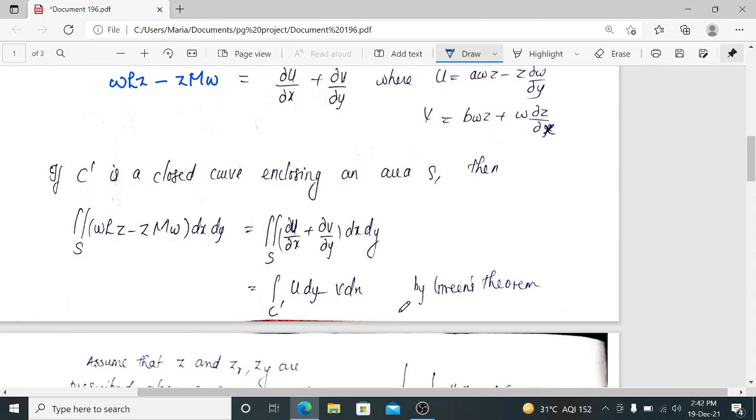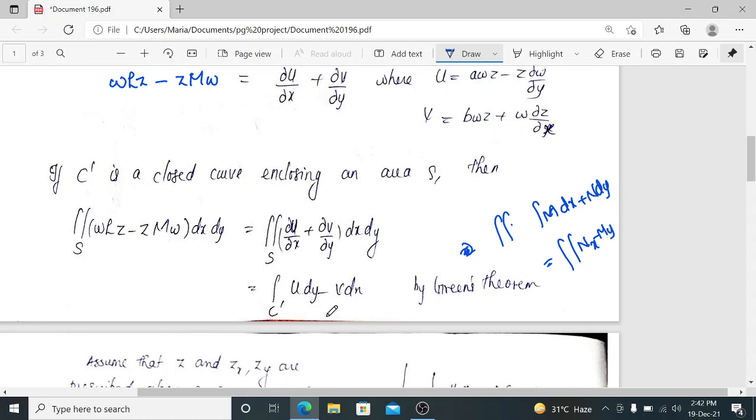Now by Green's theorem, if my line integral is of the form u dy minus v dx, then by using Green's theorem, so if you have integral M dx plus N dy, this will be equal to the double integral of Nx minus My.